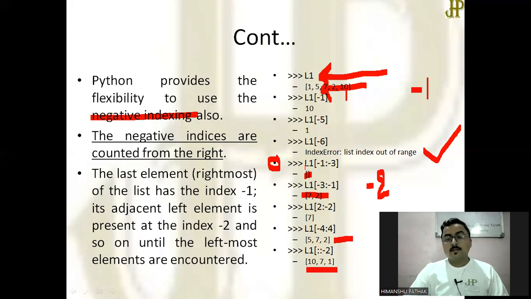One thing is, you have to be very careful, these are generally asked. So you have to remember, if negative indexing is given, then the traversing will always move from left to right. Otherwise, there is no syntactical error, but you will get an empty list.